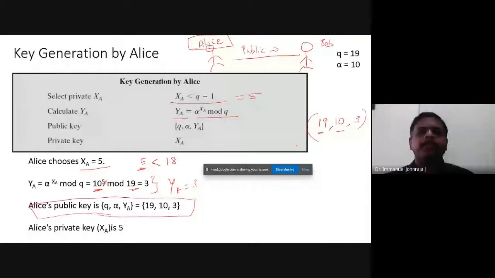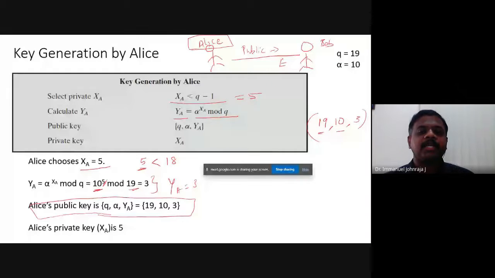So Alice shares the public key with Bob. What do you expect to happen? Bob has to use this public key for encryption. Please remember the story correctly. Bob uses this public key for encryption, and then after the encryption, the ciphertext will be given to Alice for decryption.